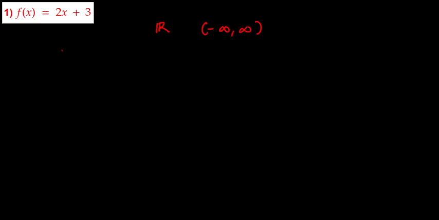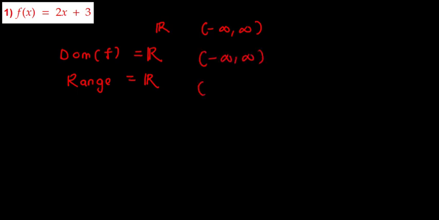So basically, for our example, the domain is going to be the set of all real numbers, and the range, or you can write this as negative infinity to infinity, they both mean the same thing. So let's see if you can do the quadratic part.